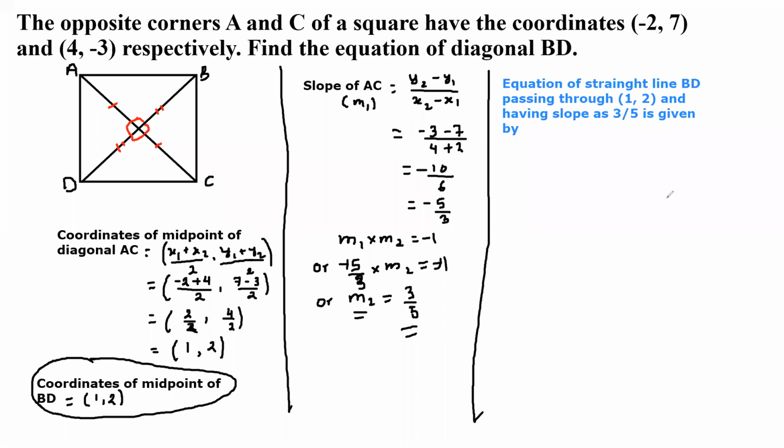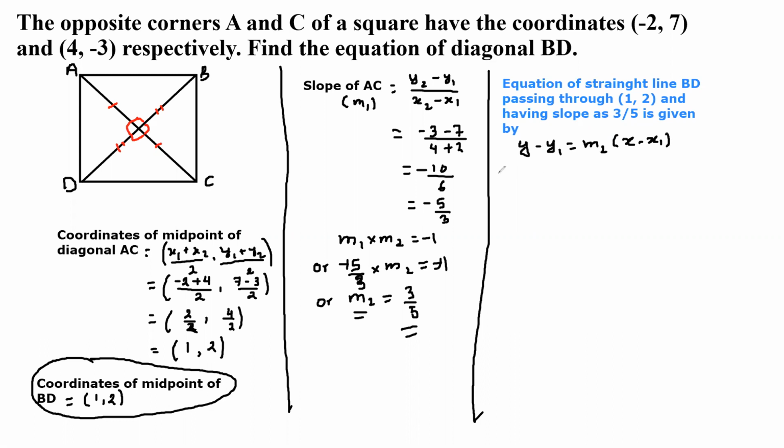The equation of the straight line BD passing through 1 comma 2 and having a slope of 3 by 5 is given by y minus y1 is equal to m2 times (x minus x1), because the slope of BD is m2.